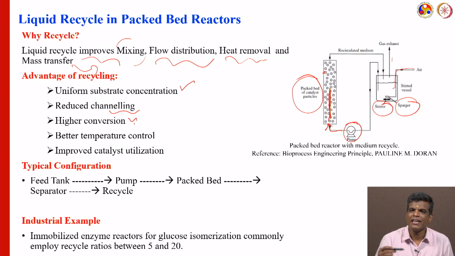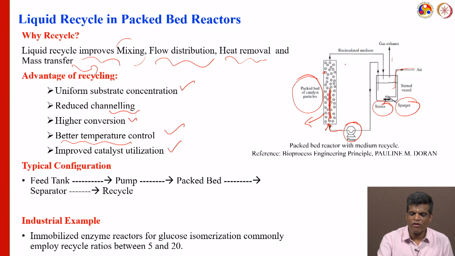Then we will get a higher conversion: whatever reaction is not completed, if you pass it again through recycle, then the conversion will definitely increase. Then you get better temperature control, and of course we can improve the catalyst utilization.